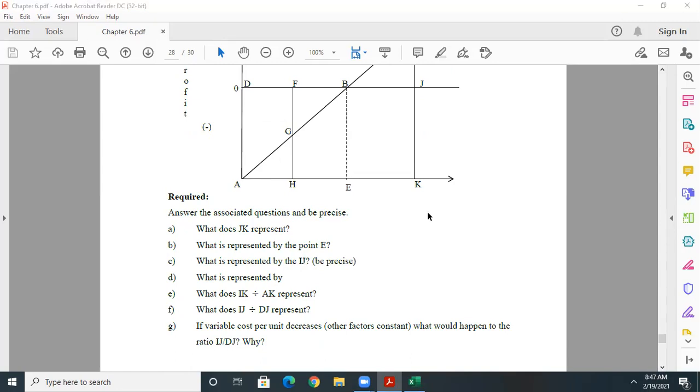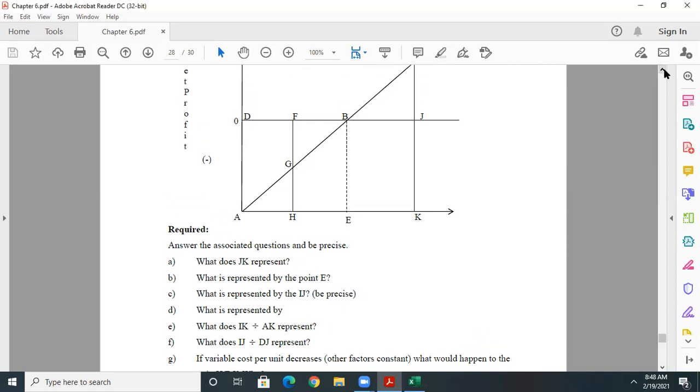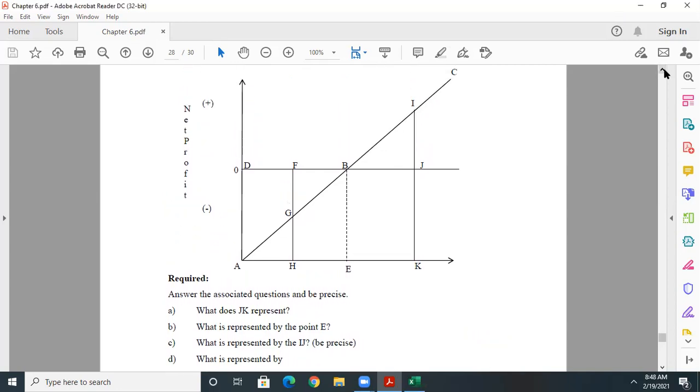Just see here. If you take the sales unit, yes, that has to be the case. But what if you take this x-axis as the sales?